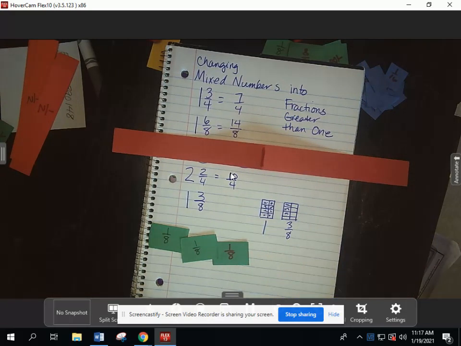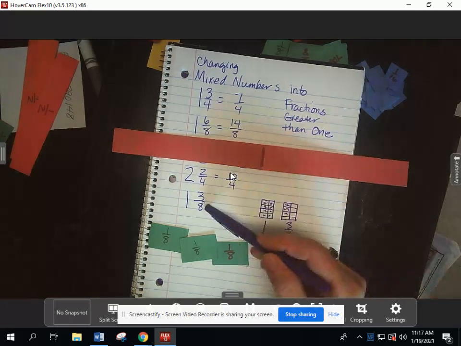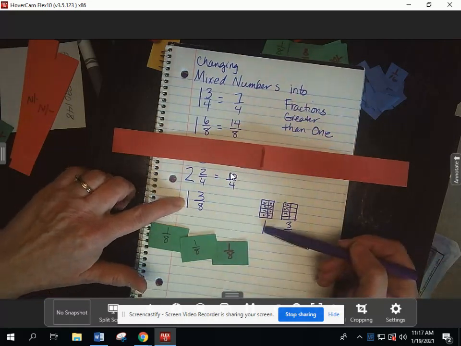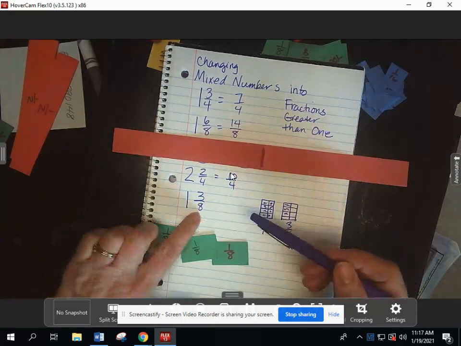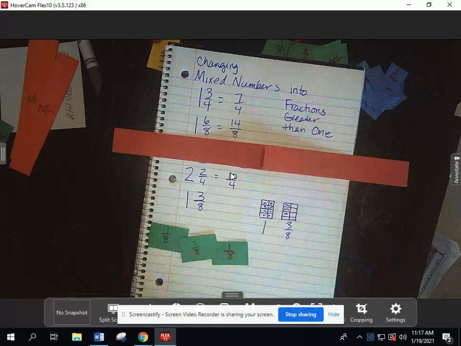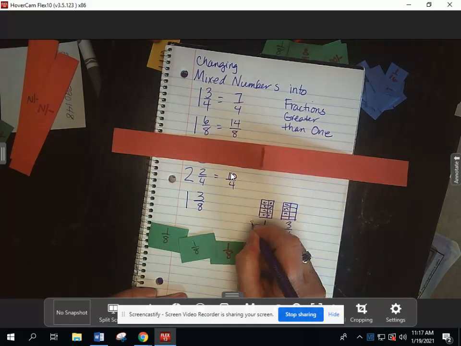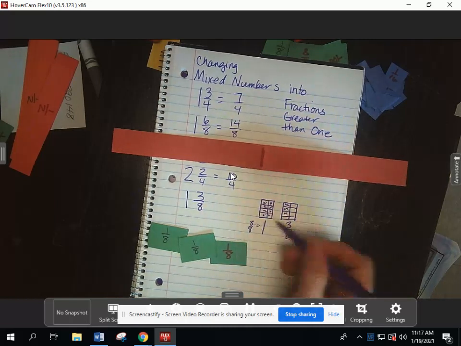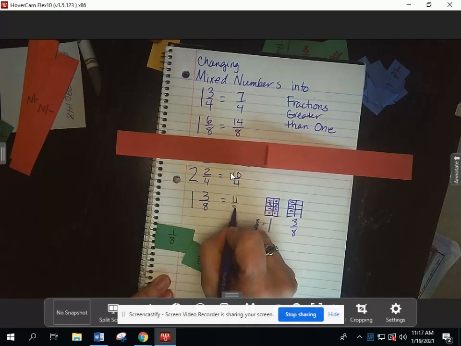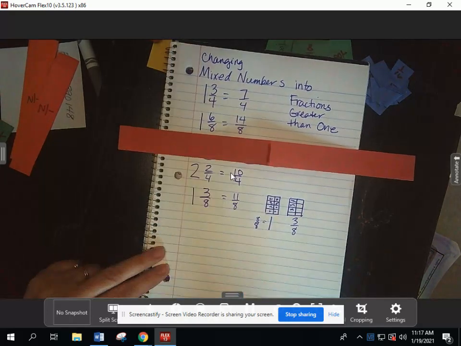So those of you that aren't certain what to do, I hope you understand that we divided this 1. See, right here's our 1. We divided it into 8 pieces because it tells us that right here. And so then we simply add, because this equals 8/8, as Millie said, we simply add 8 plus 3. 8 plus 3 is 11/8.